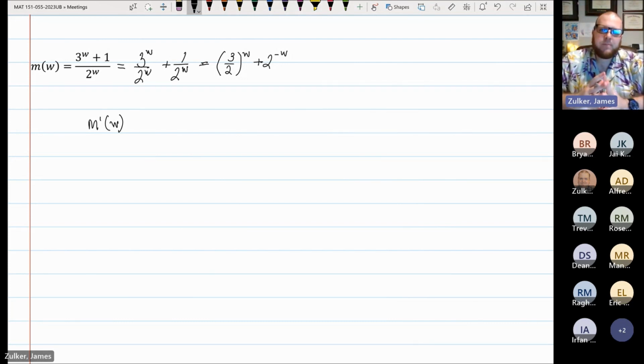This is now the sum of two exponential functions. That's very simple to do. It's just a sum rule.